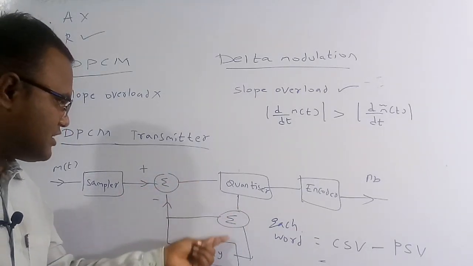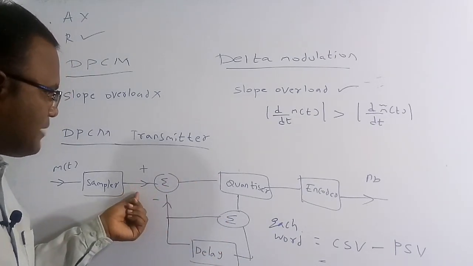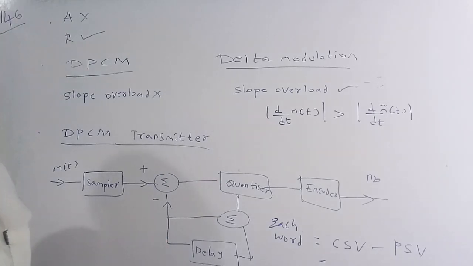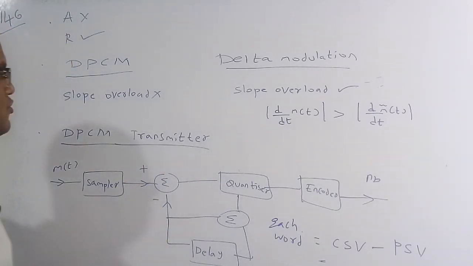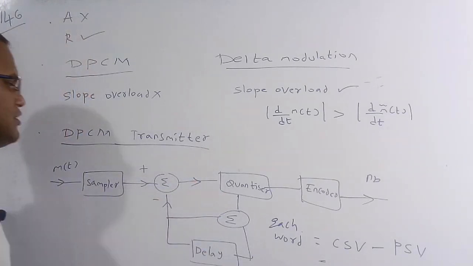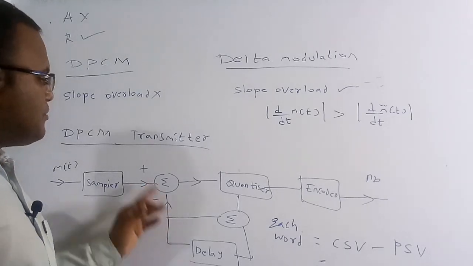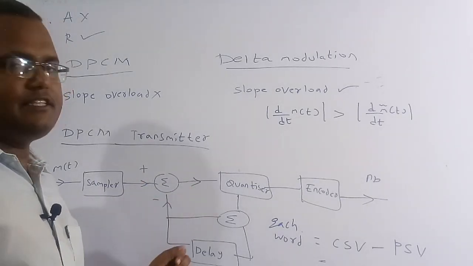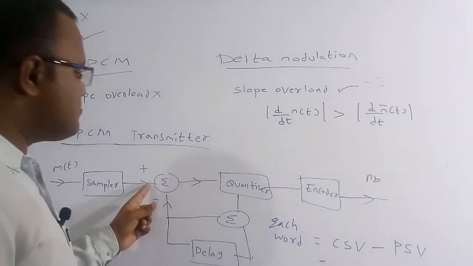Because of this circuit, each new word is equal to the current sample minus the previous sample value. So here there is a plus and a minus. Whatever new word we get, our new output is equal to the current sample value minus the previous sample value. Because of this difference we get the new word.